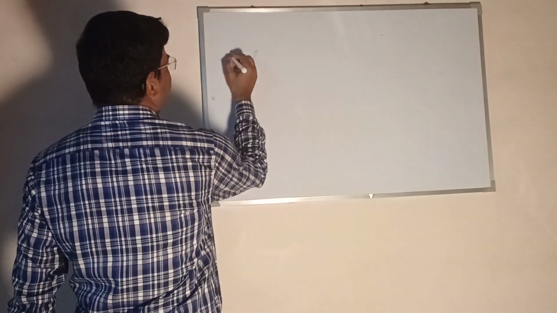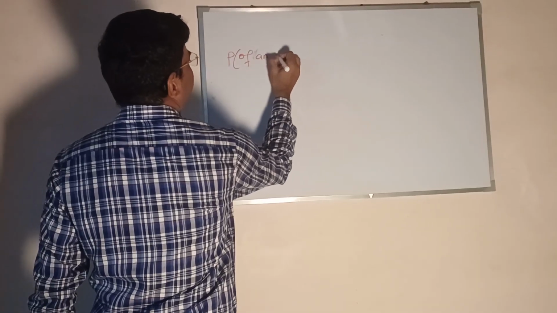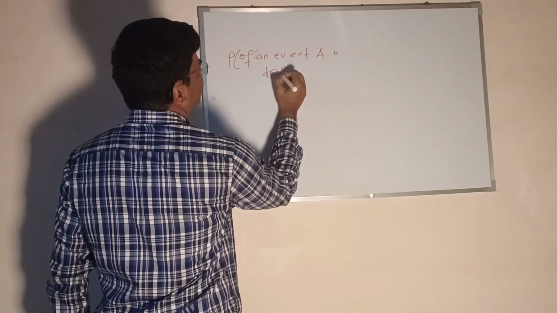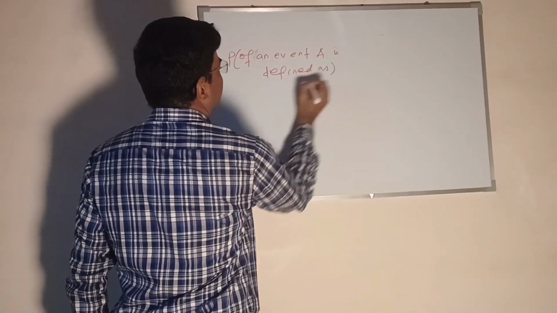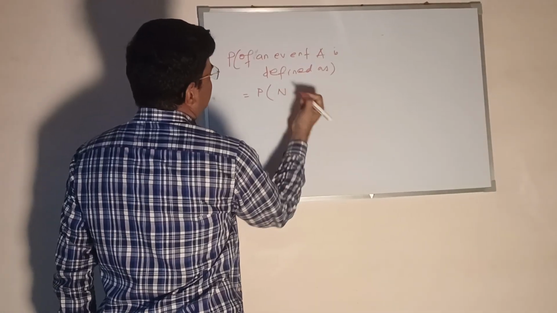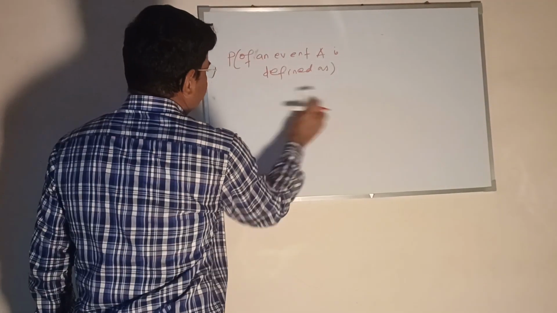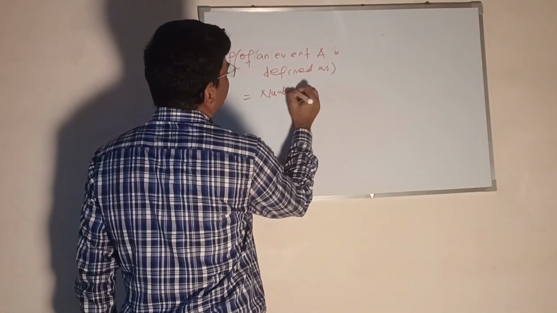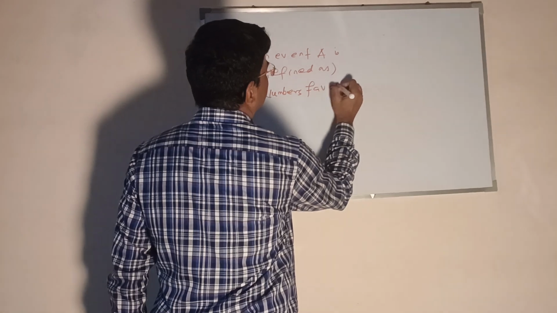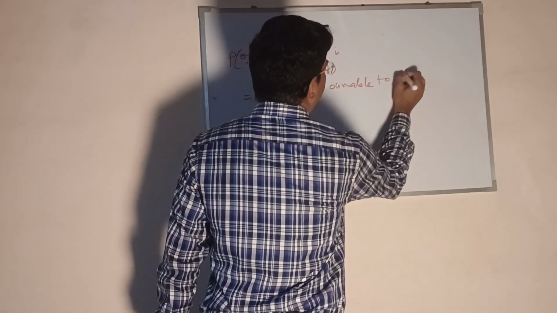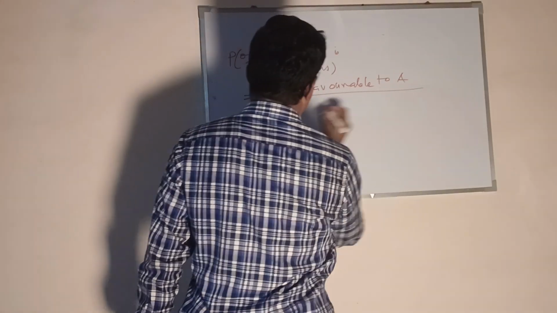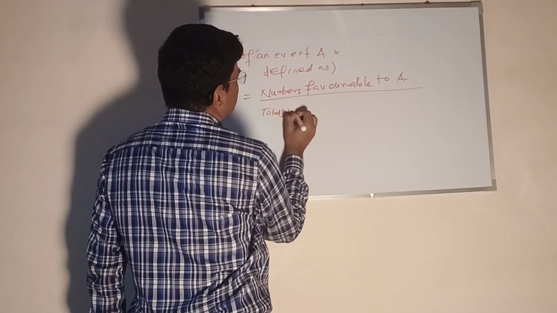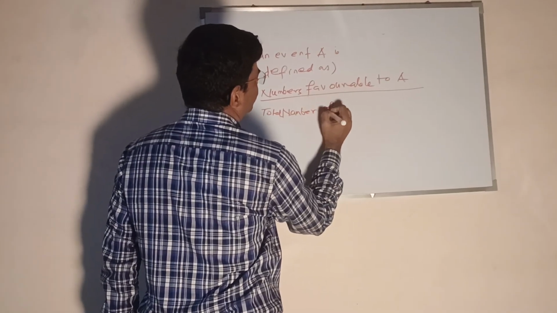The probability of an event A is defined as the number of points favorable to A by the total number of points.